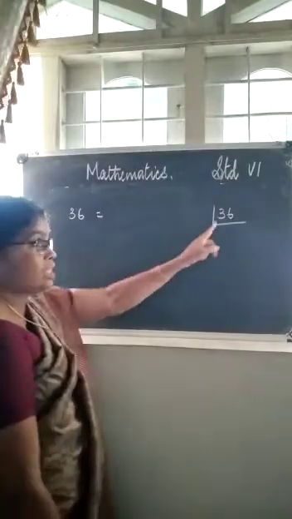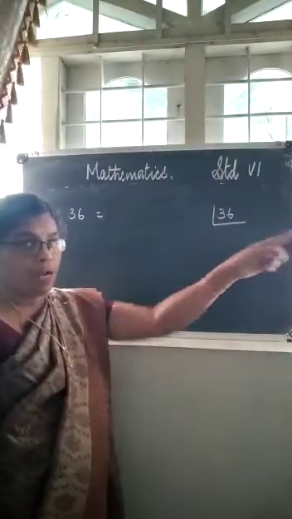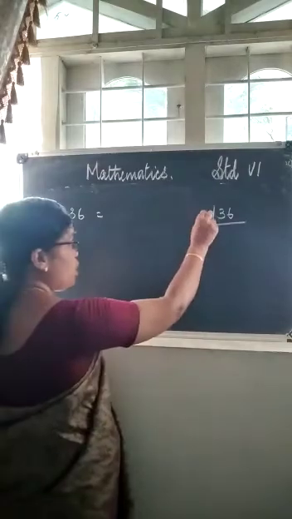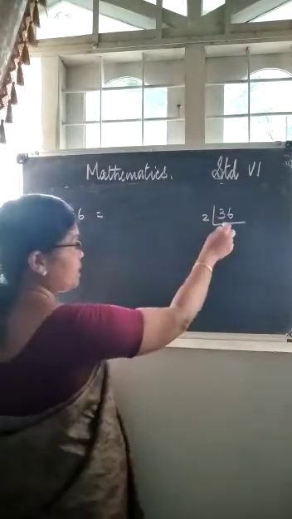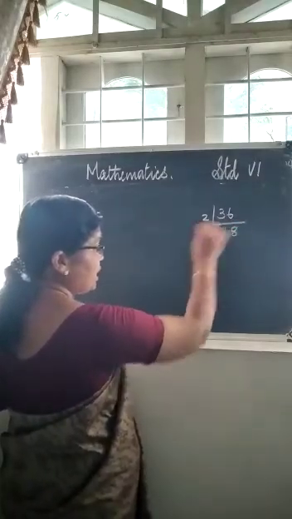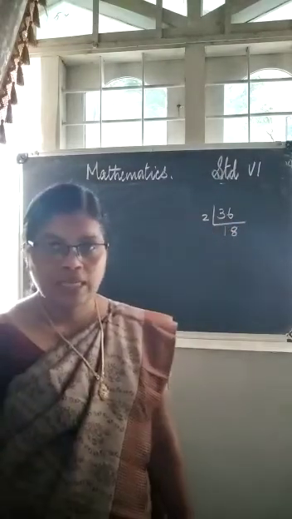For 36, the first prime factor is 2. By 2 we can divide 36. 2 into which number is 36? 2 into 18 is 36.